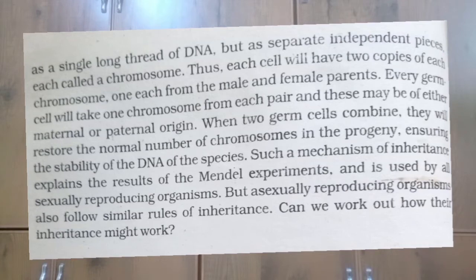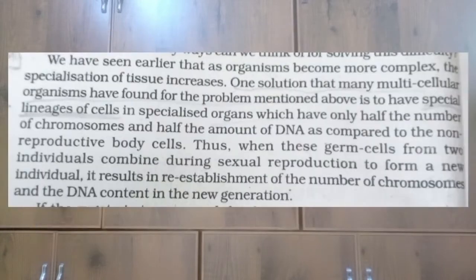When the two germ cells combine, they will restore the normal number of chromosomes in the progeny, ensuring the stability of the DNA of the species. Such a mechanism of inheritance explains the result of Mendelian experiments and is used by all sexually reproducing organisms.